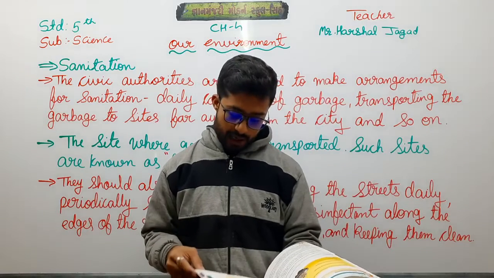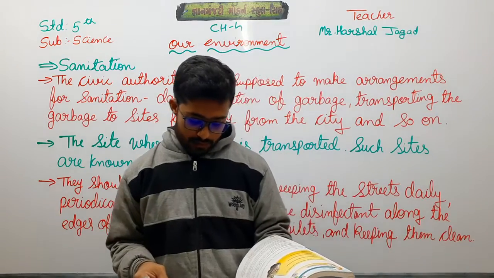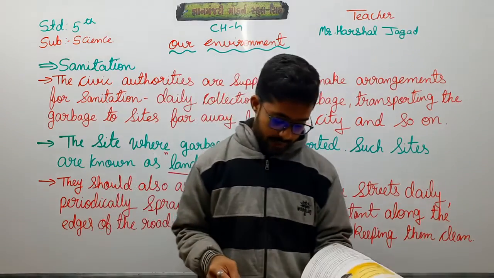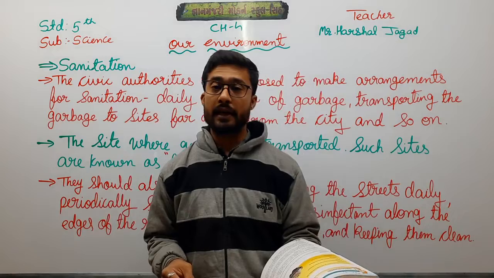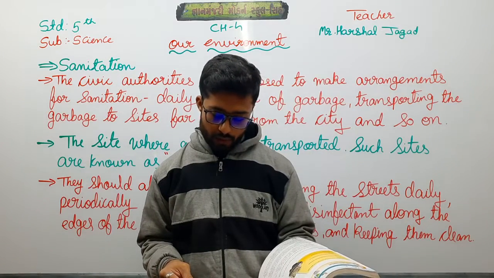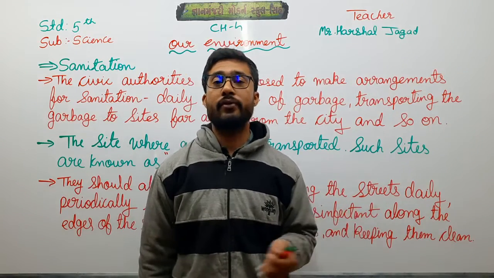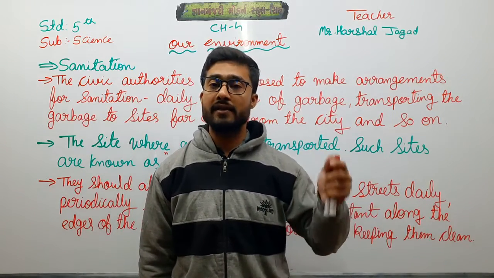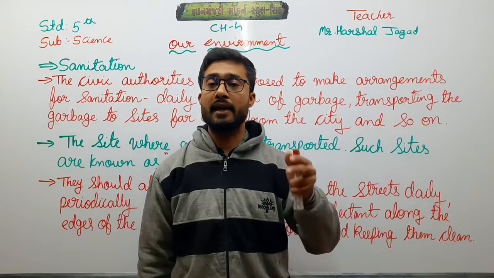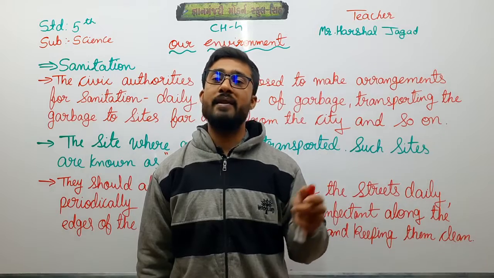Okay. Then, that is why garbage is taken to the landfills outside the city. There it can decompose or rot and change into manure. So in the landfills, as I have told, it is recycled, and biodegradable and non-biodegradable waste are separated.